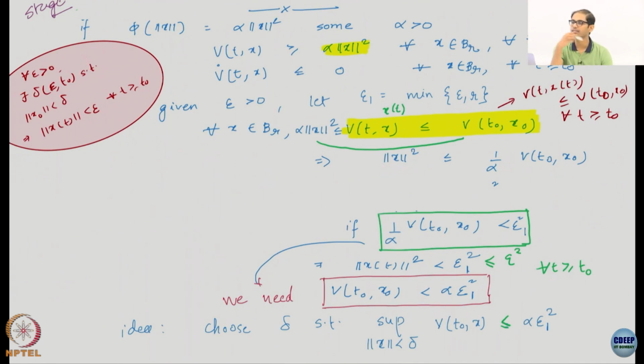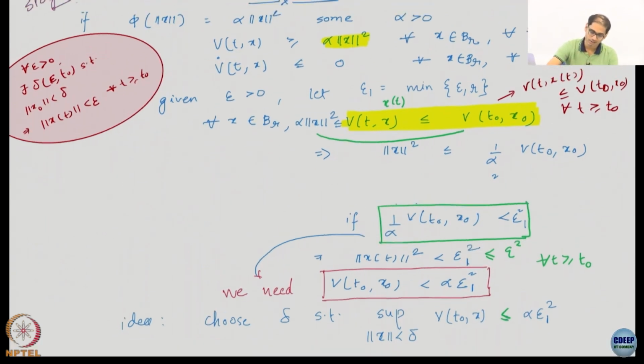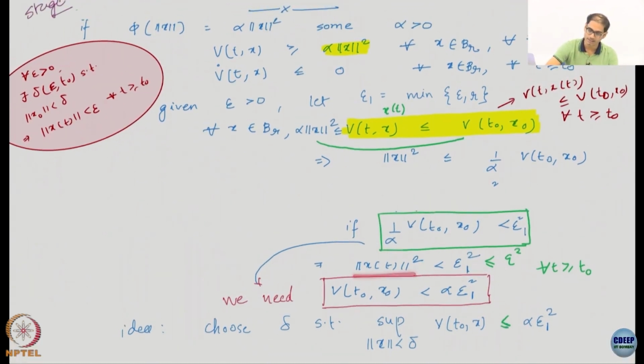So norm x is less than epsilon 1 and I am done. So what do I want? I want whatever is in the green bracket. My work is cut out, because if this happens, norm x square is less than epsilon 1 square, which is less than epsilon square, and stability is done.